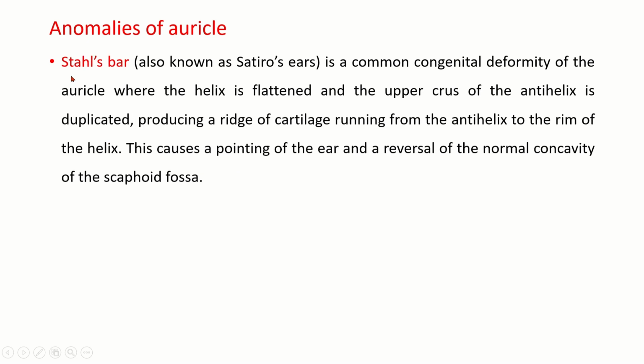Then Stahl's bar, also known as Satyr's ears, is a common congenital deformity of the auricle where the helix is flattened and the upper part of the crux of the antihelix is duplicated, producing a ridge of cartilage extending from the antihelix to the rim of the helix. This causes a pointing of the ear and a reversal of the normal concavity of the scaphoid fossa. This is called Stahl's bar.